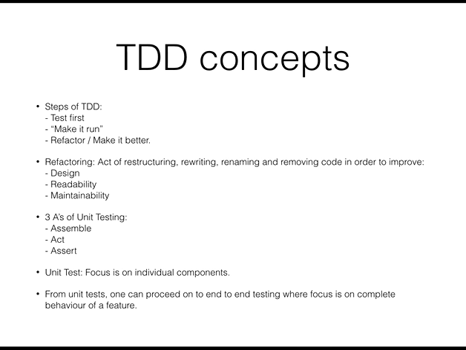Let's say you have a login function. When you think of developing a login function, what comes to mind? You can have an HTML form. On the backend side, you can have a validation module, a validation unit.